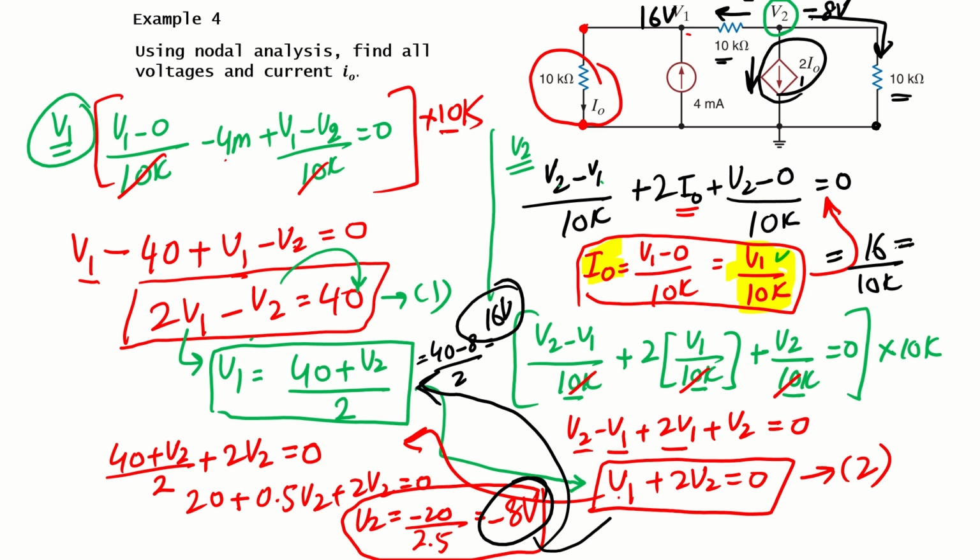Simply 1.6, right? 16 divided by 10 gives just 1.6, and k changes to milli. So 1.6 milliampere. So we have found all the nodal voltages and the current I naught. Thank you so much.